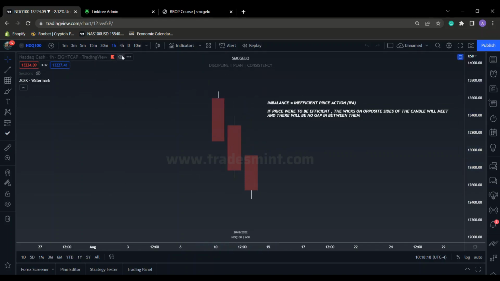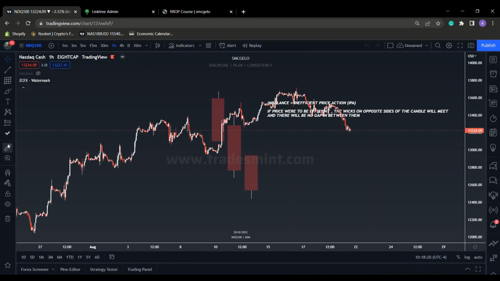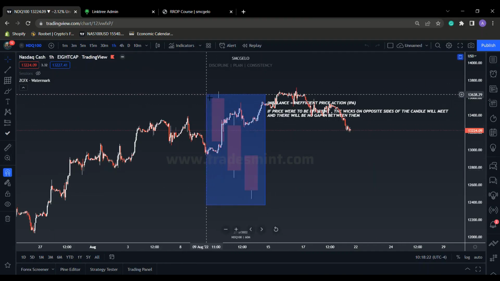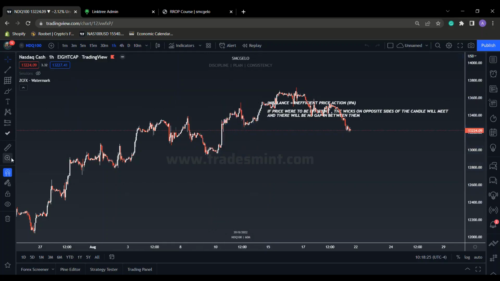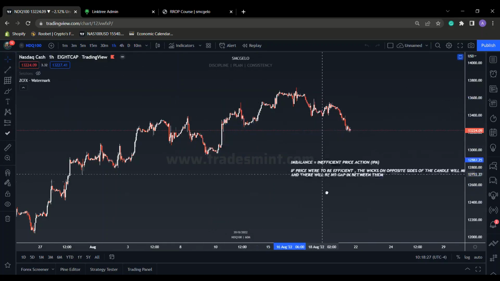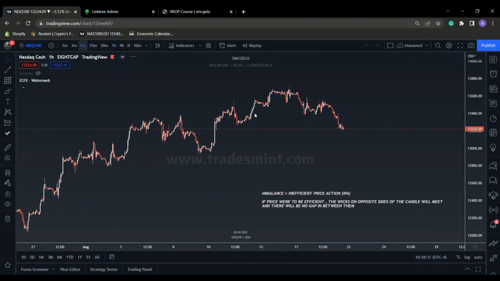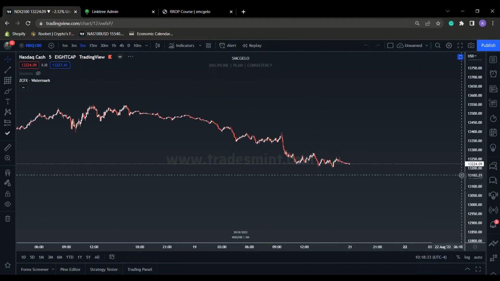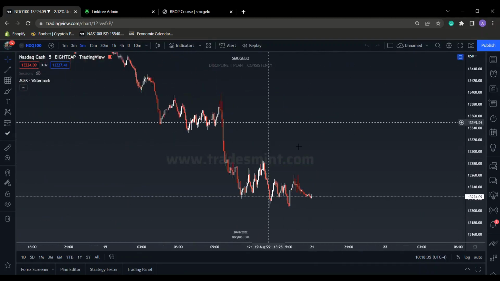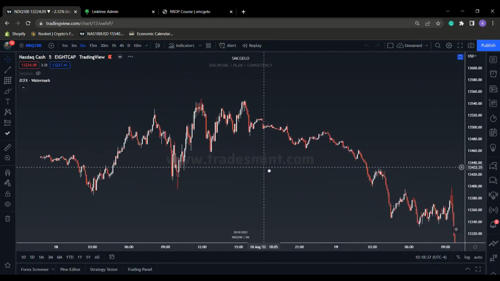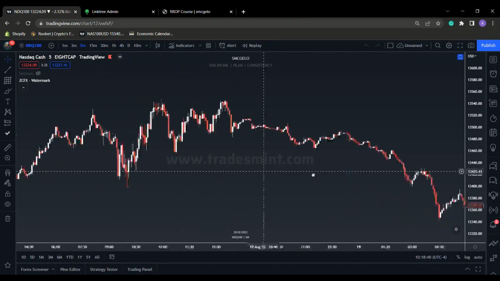So just like I put on a regular chart, let's move this out of the way. Let's see, let's go down to the lower time frame. Let's look for a good setup. Okay, perfect.